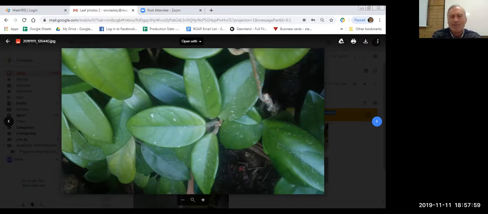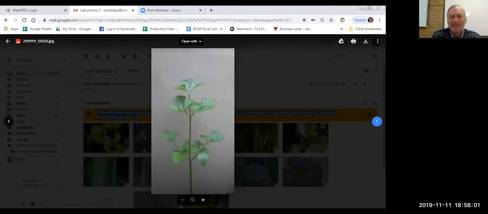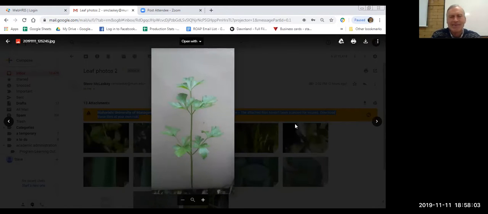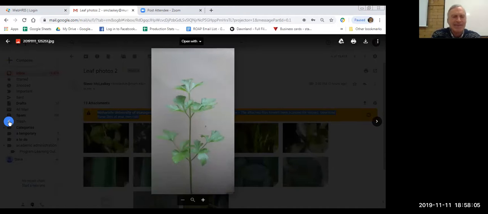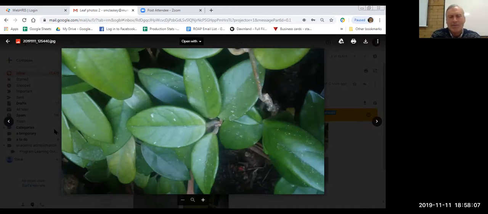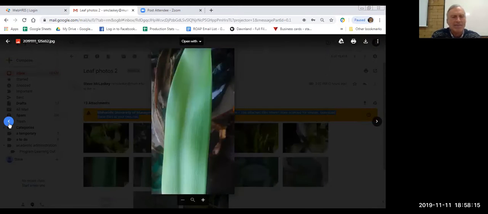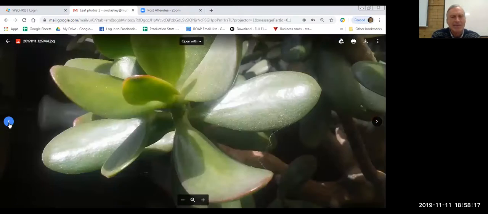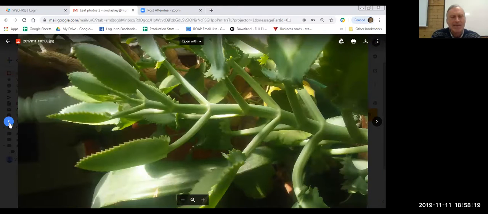Do I have one of those here? One of the plants that I showed you was like that. Was that in this group? Yeah, this one.